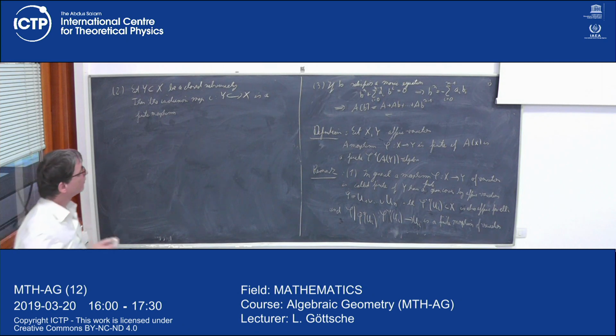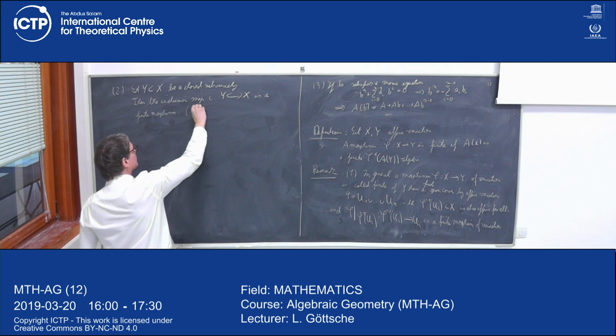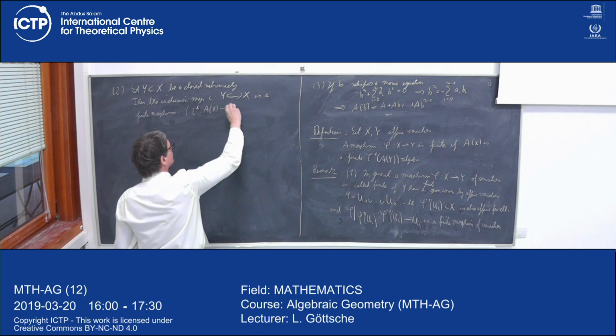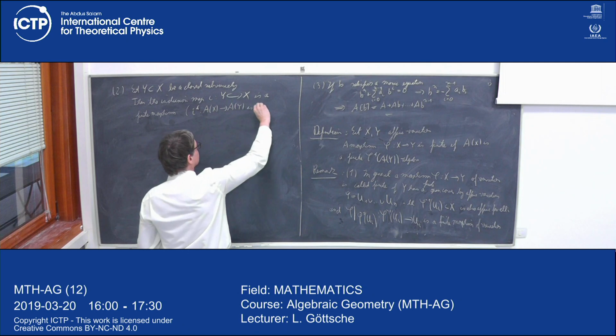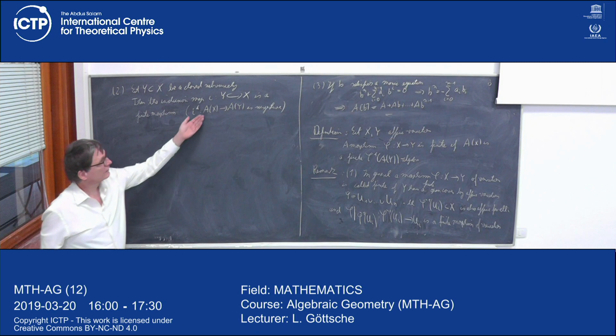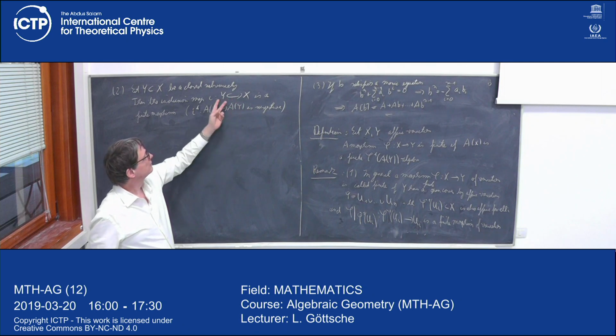And this is obvious in this case. I take I upper star from A(X) to A(Y), and it is surjective. Because this is k[x1, ..., xn] divided by the ideal of X, and this is divided by the ideal of Y, and the ideal here is bigger, so we divide by something more.